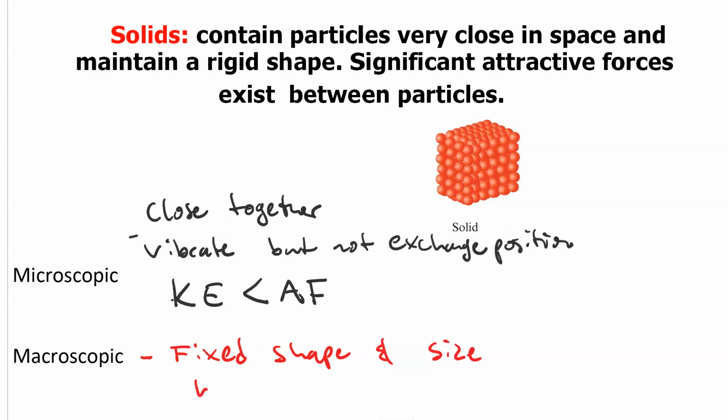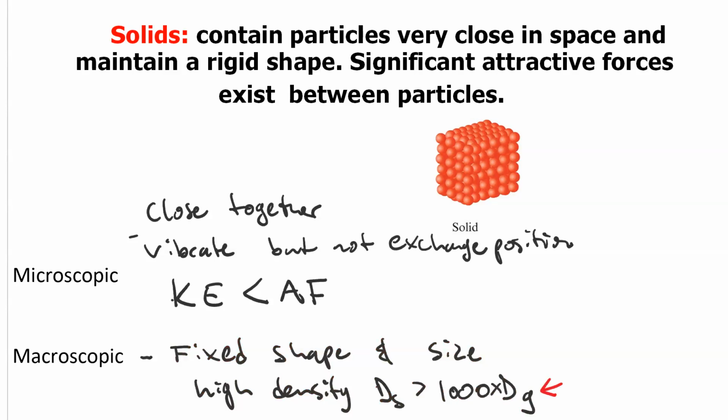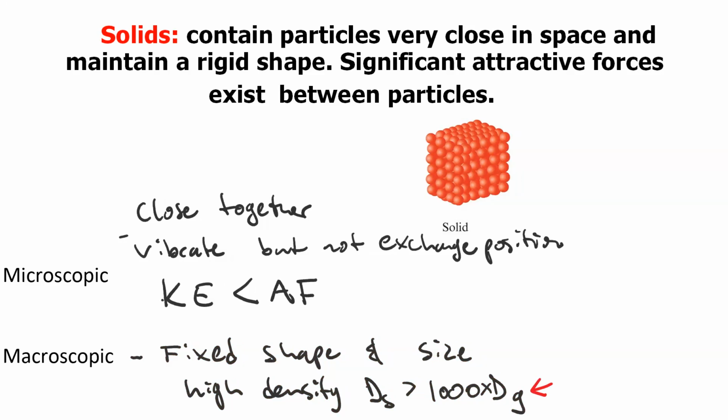And also a very high density, right? So the density of a solid is greater than 1,000 times the density of a gas. In fact, because the particles are touching and the density is high, solid is an example of what is called a condensed phase.